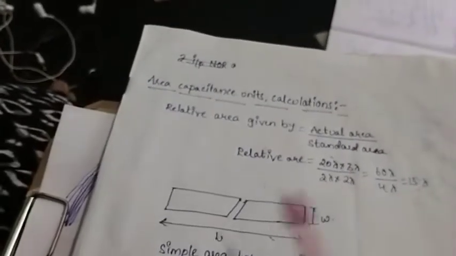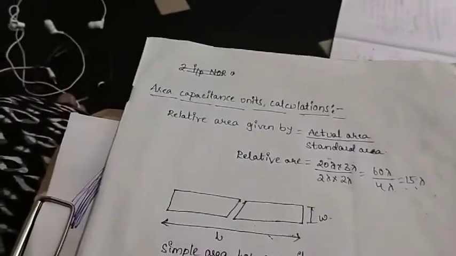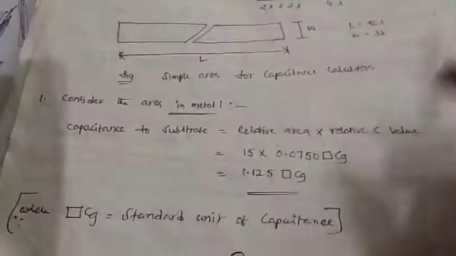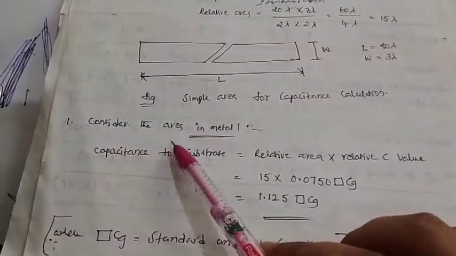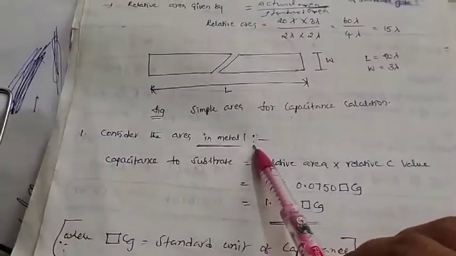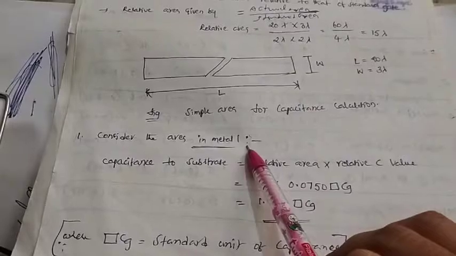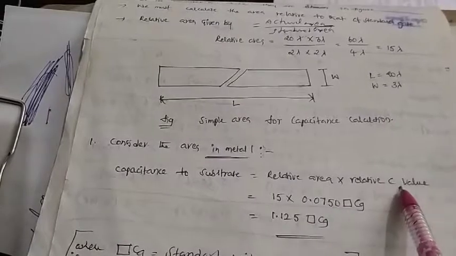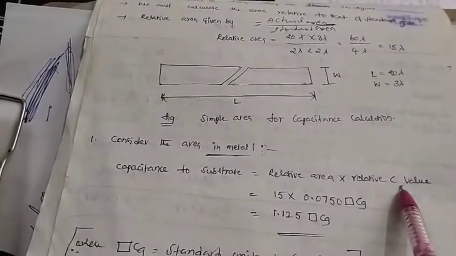Next, how to calculate the capacitance to substrate. Considering the area in metal 1, capacitance to substrate is relative area into relative C value. Relative C value means relative capacitance value.